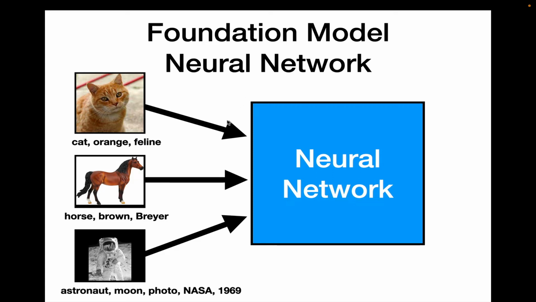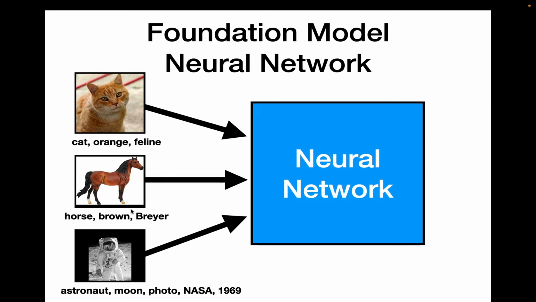And what I mean by tag is that they've been associated with words. For example, an image like this could have been associated with the word cat, the word orange, the word tabby, which I didn't have here, or feline, and all kinds of other words that would describe this, like the cat is awake, or the cat is looking at something.